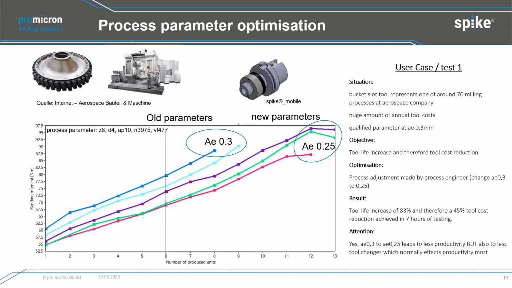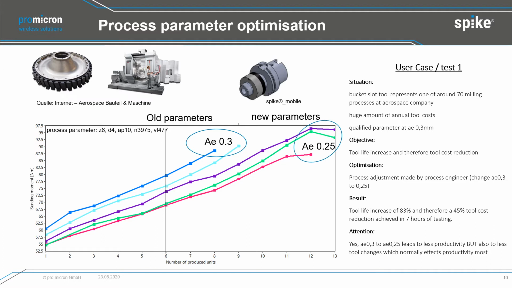Sure, you could say, but now you lost productivity. But we also told that to the customer, and we asked him, is that a problem? He said, no, this is not a problem, because the tool change time was also reduced, and therefore we had the same productivity as before.